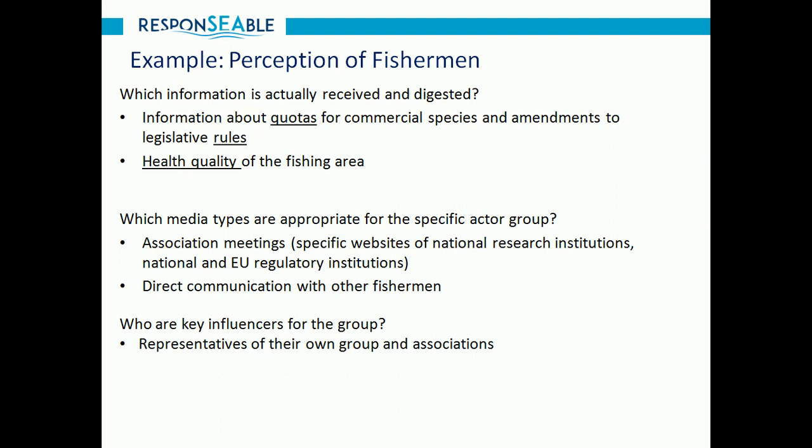Which media types are appropriate for this specific actor group? Association meetings or specific websites of national research institutions, national and European regulatory institutions, or also direct communication with other fishermen. And the key influencers for fishermen are representatives of their own group and associations.